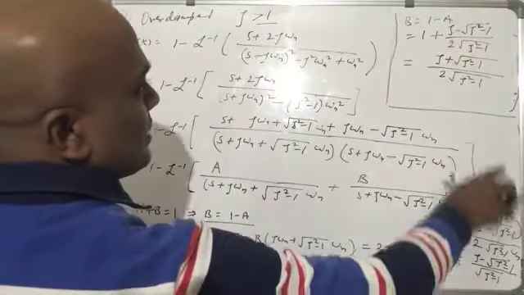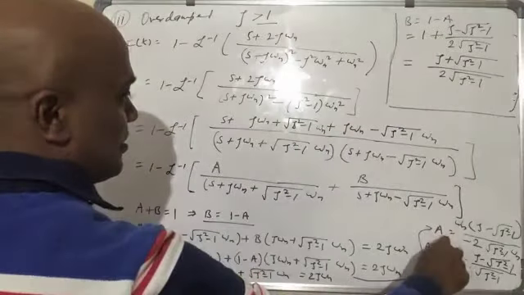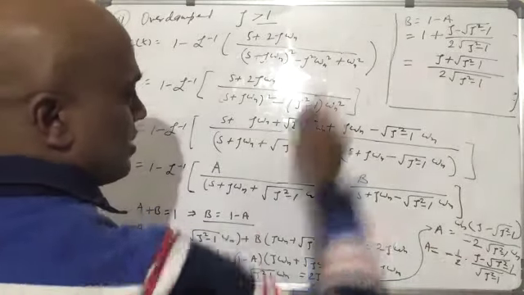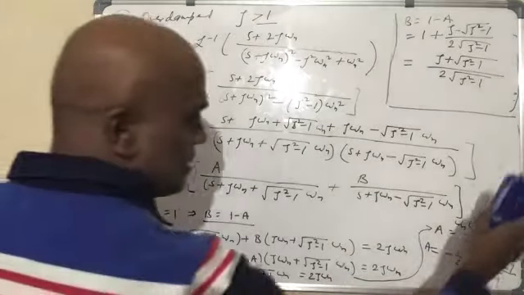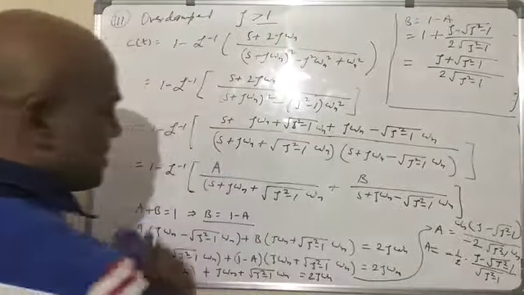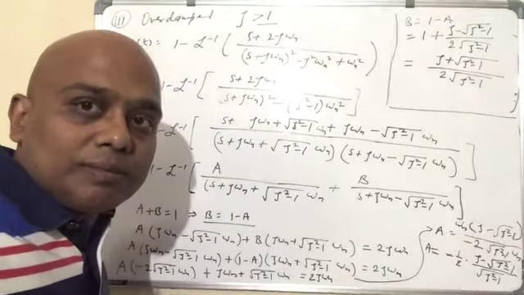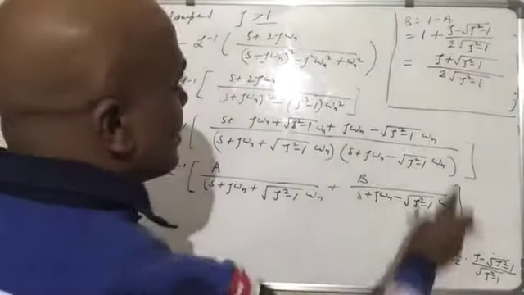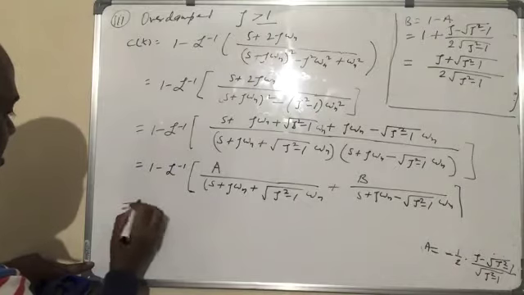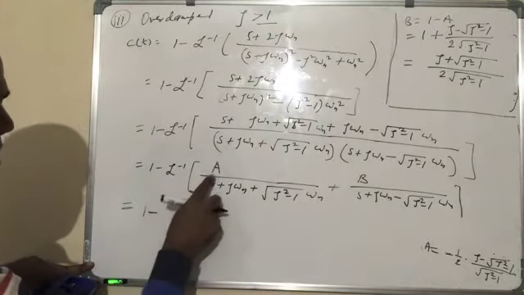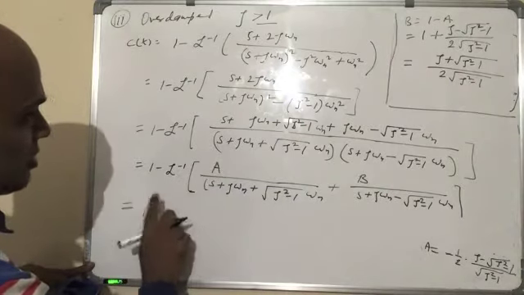So these two values we get, a equal to this and b equal to this, and the same value we can put it here, and we can solve it. So once we have the value of a and b, we can put it here, and we can find it. So equal to 1 minus, and a value we have this, so we can have a value out.